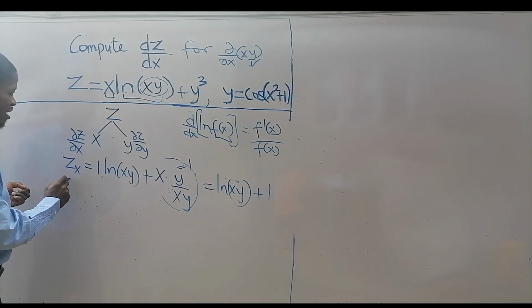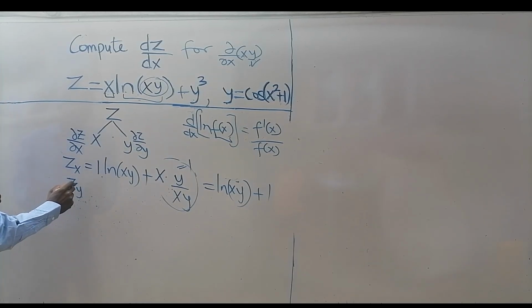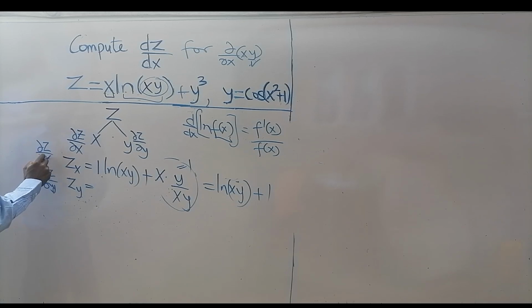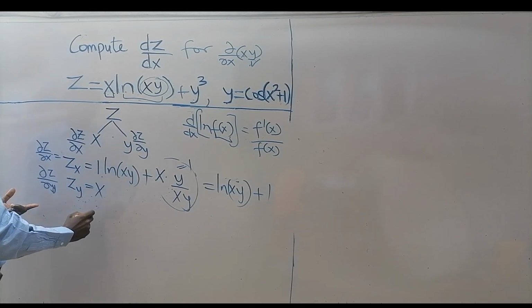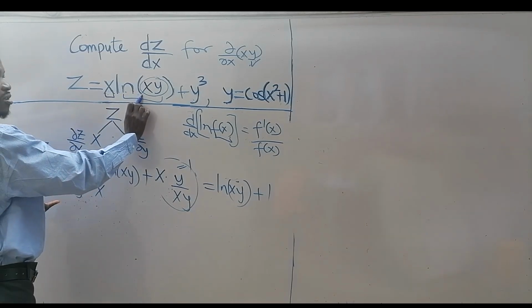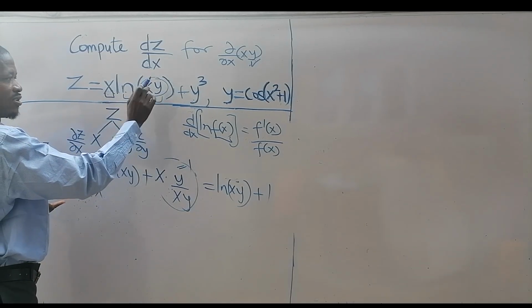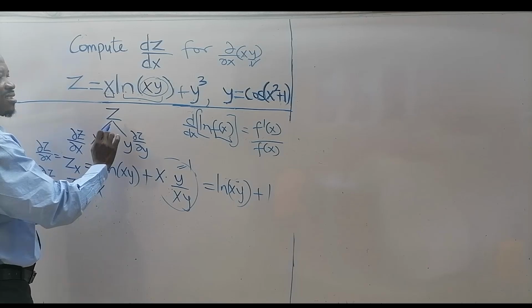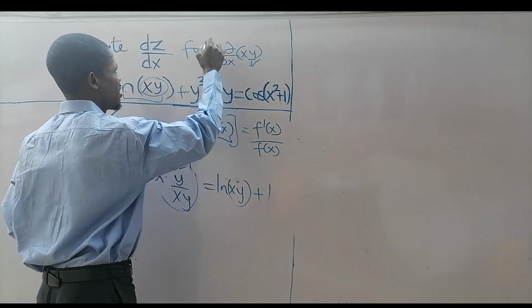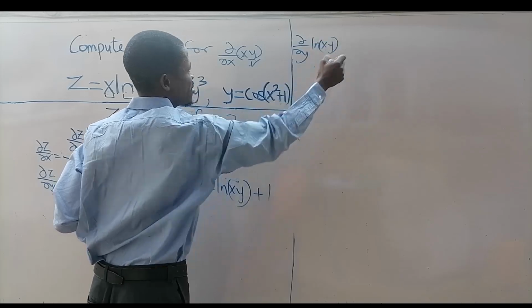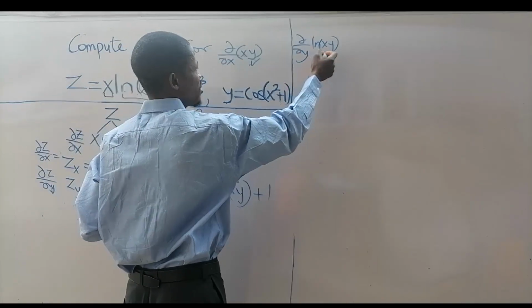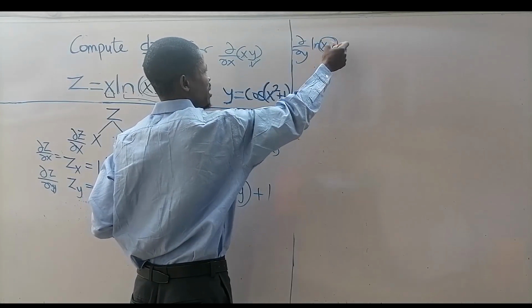Now we get the partial derivative with respect to y, which is ∂z/∂y. That one was ∂z/∂x. With respect to y, x is constant. We are only differentiating the natural logarithm with respect to y, and if you do that, x is constant. You're having ∂/∂y of ln(xy). So it's going to give you the derivative of this one with respect to y.